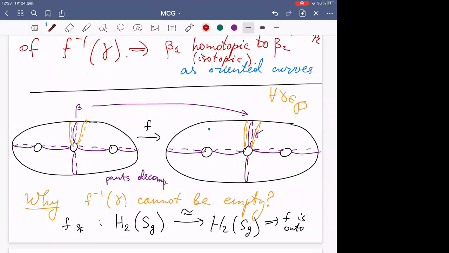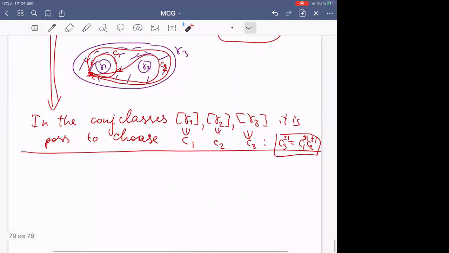Hence, if here 3 curves bound a pair of pants, then here their preimages also bound a pair of pants. Moreover, the signs are the same.